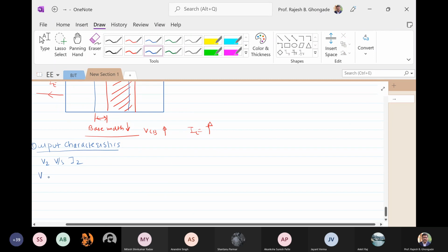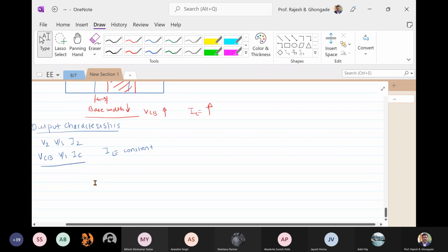So this is going to be VCB versus IC. Of course, now what we have to do is we have to keep I1 constant, that is IE constant. Let us have a look at how this looks like.